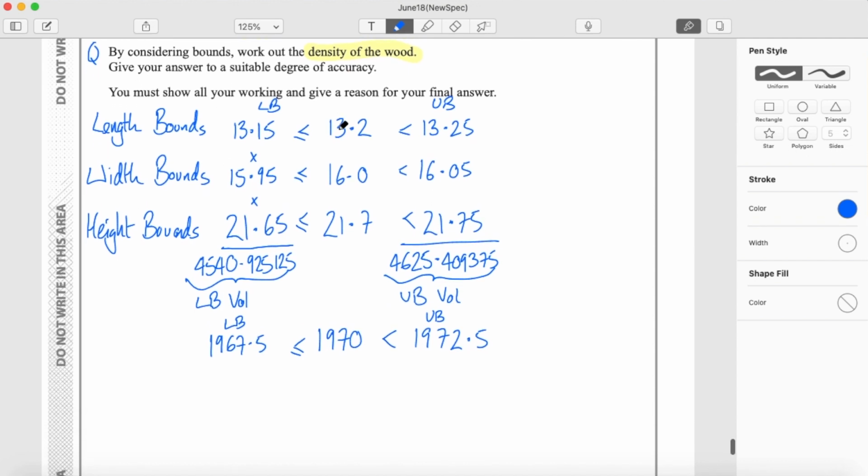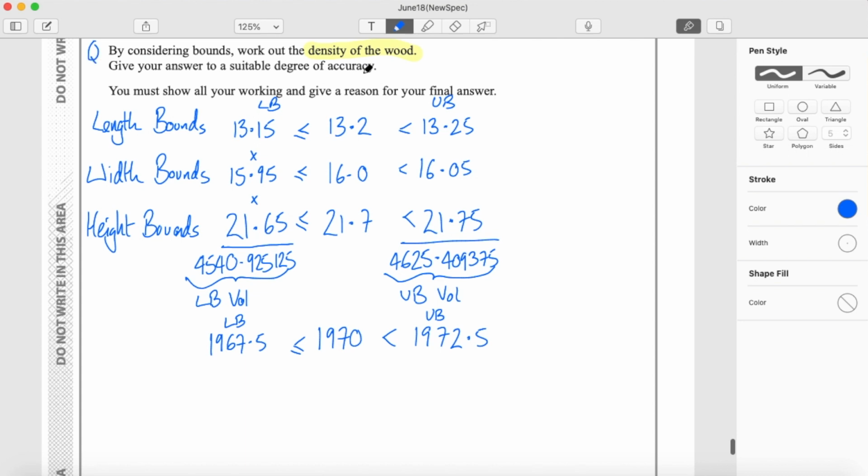We're now in a position to answer the question: work out the density of the wood. Remember, density is simply mass divided by volume. To work out the density of the wood, we need to consider the upper bound for the density and also the lower bound for the density. So the upper bound would be the biggest mass divided by the smallest volume.